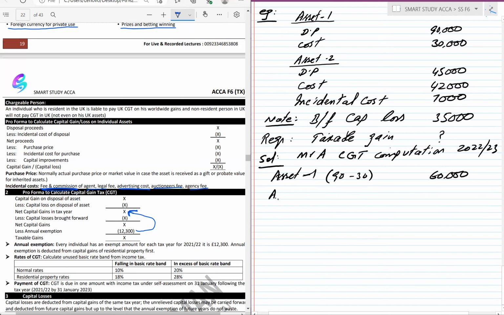On asset 2, 45,000 is basically the selling price, 42,000 is the cost, and 7,000 is incidental cost. So 4,000 is basically the loss, if I'm not wrong.